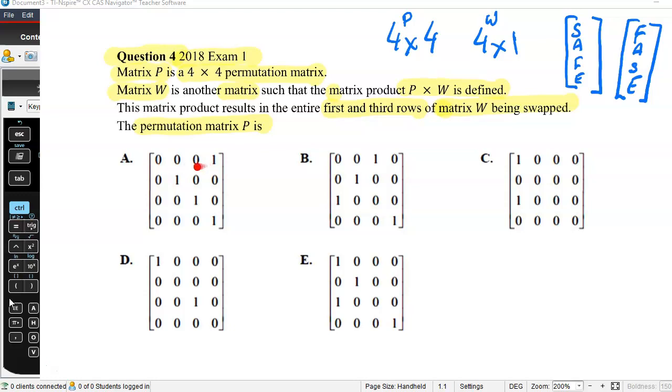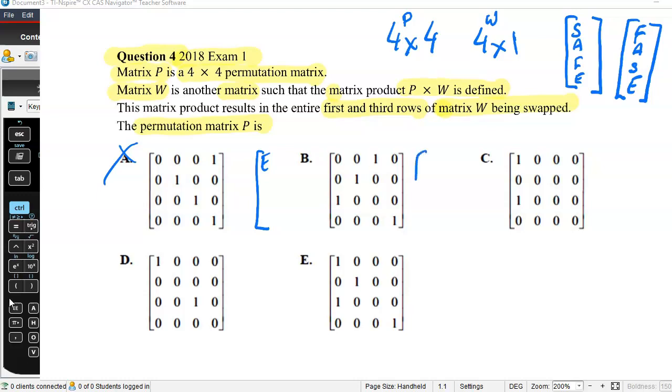So here, this first row of A, would that swap? Would that get the third one? No, because that would get the last letter, which would be E, wouldn't it? That would turn on that last letter. So that can't be it. Okay, B. Yeah, third.